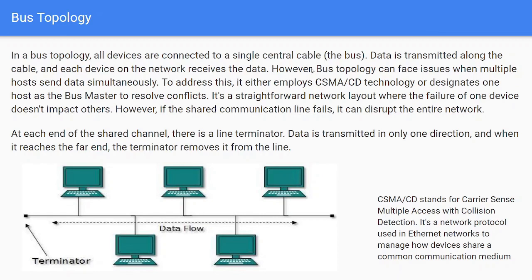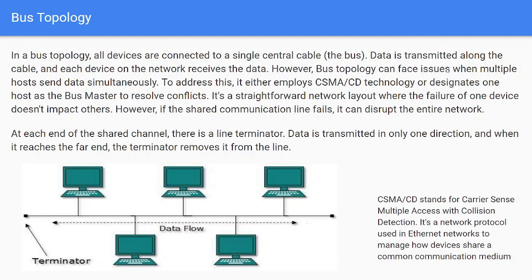So this technology is a protocol for Ethernet networks, that is for cables and the rest. It manages how devices would share a common communication medium. And the communication medium here is this single central cable.